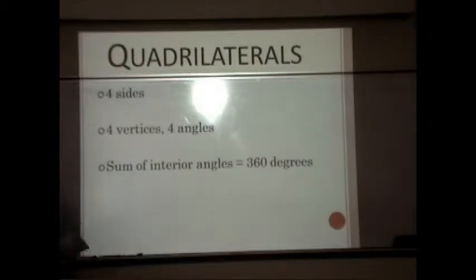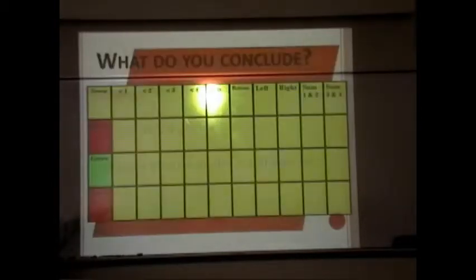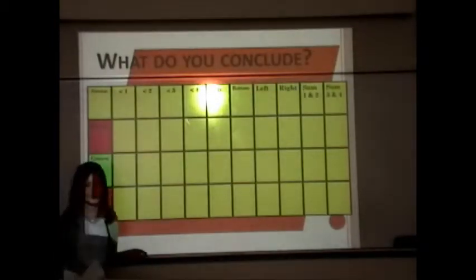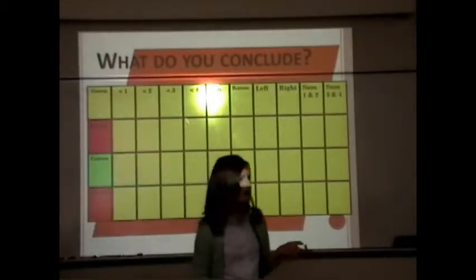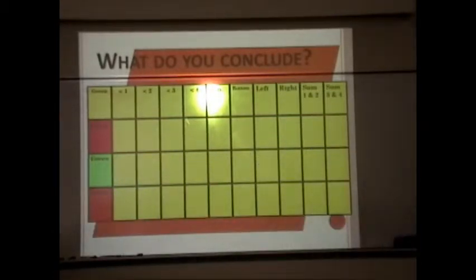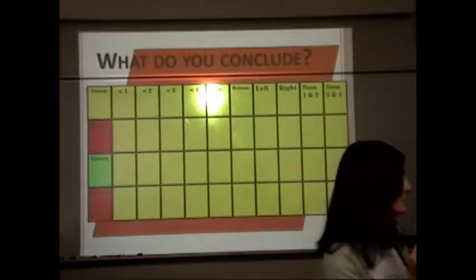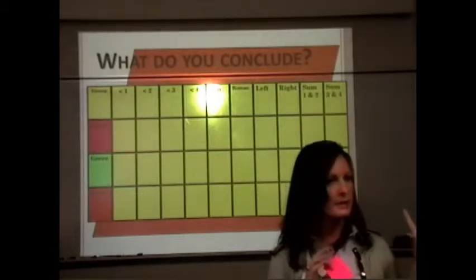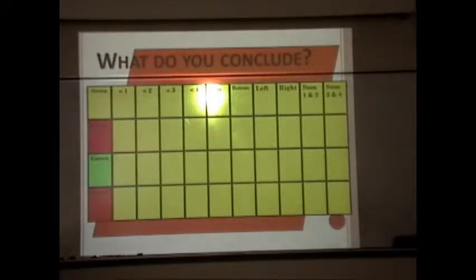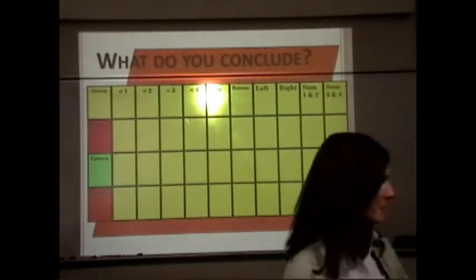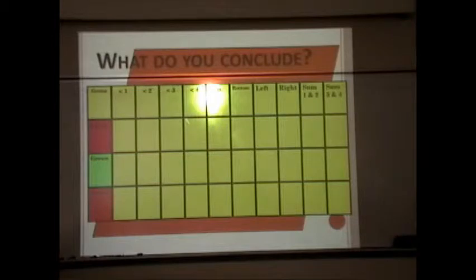Okay. All right, so what I want you to do now is look at the materials on your table. Everybody should have 3 different types of parallelograms, and you should have a protractor and a ruler and a chart. Work together in your groups and measure each angle of the parallelograms and record it in your chart.